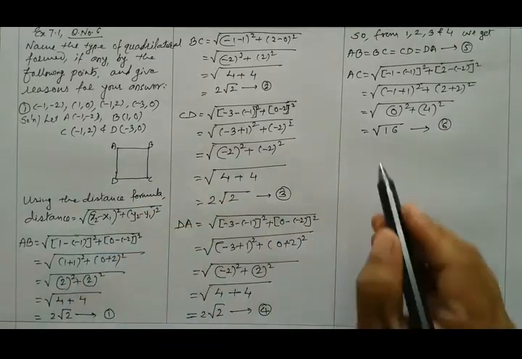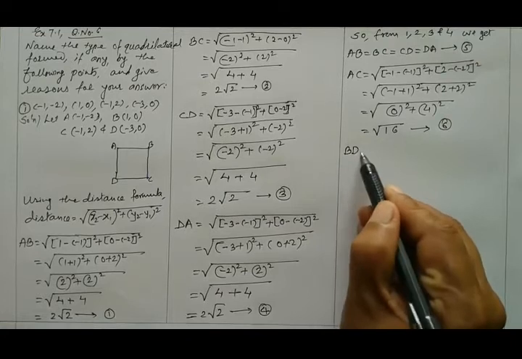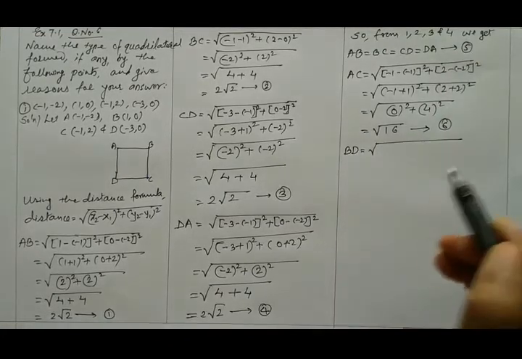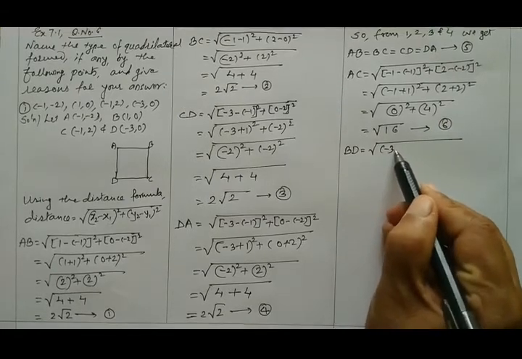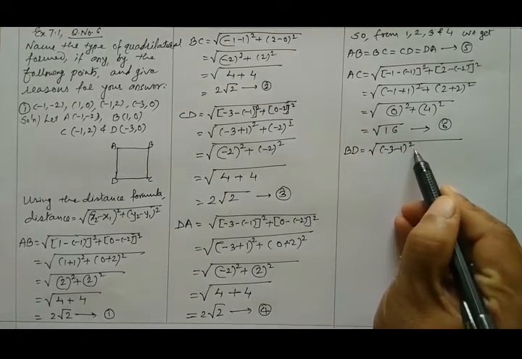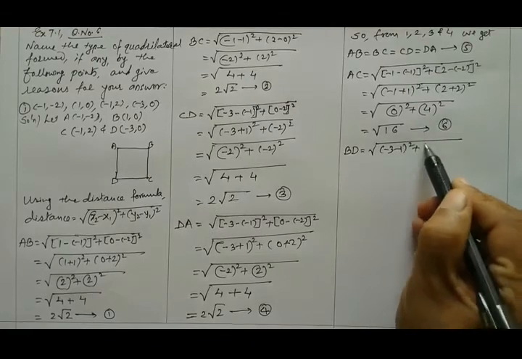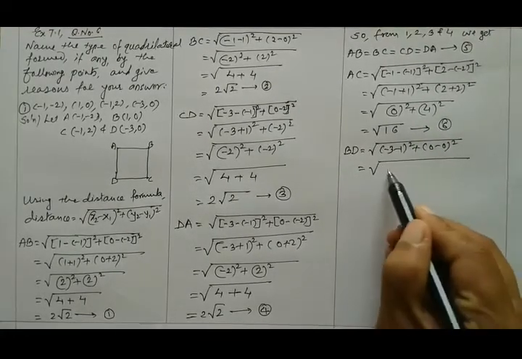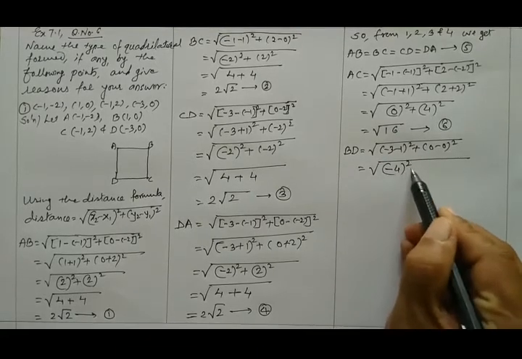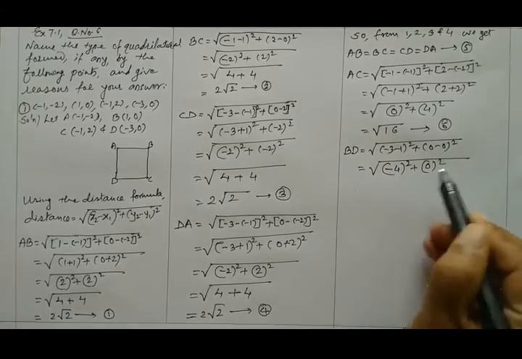Now you calculate BD. BD is equal to, so minus 3 minus 1 whole square plus 0 minus 0, so minus 4 whole square plus 0 square.